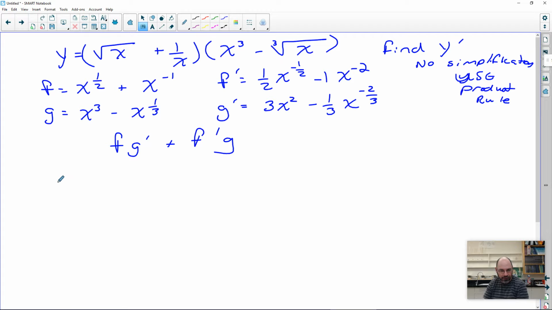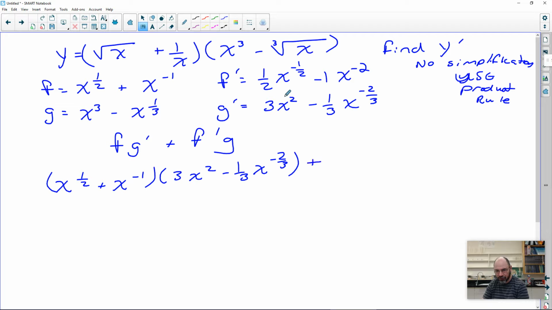f is x to the 1/2 plus x to the negative 1. The g prime is this one in the bottom here, 3x squared minus 1/3 x to the negative 2/3. Then we have the plus sign. f prime is this one up top here, 1/2 x to the negative 1/2 minus x to the negative 2.